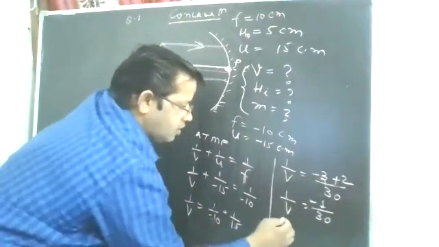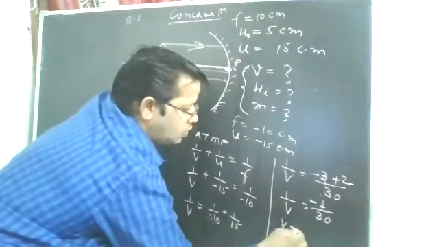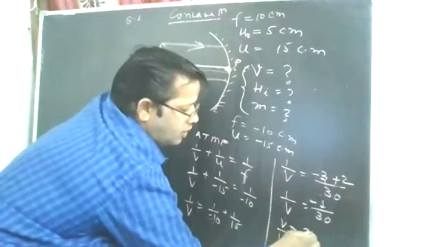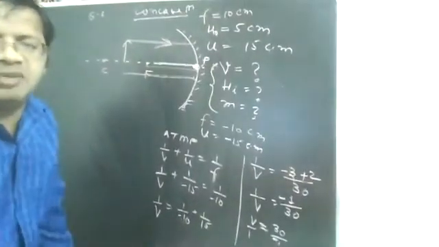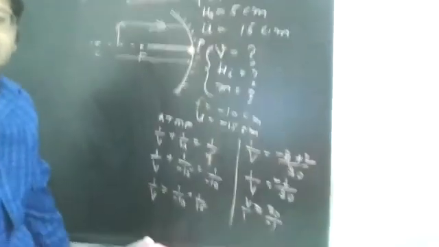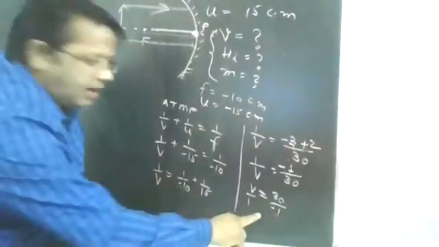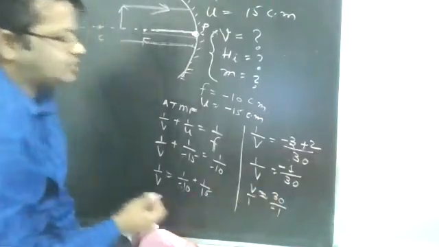Reverting this, v is equal to 30 by minus 1, so v is equal to minus 30.